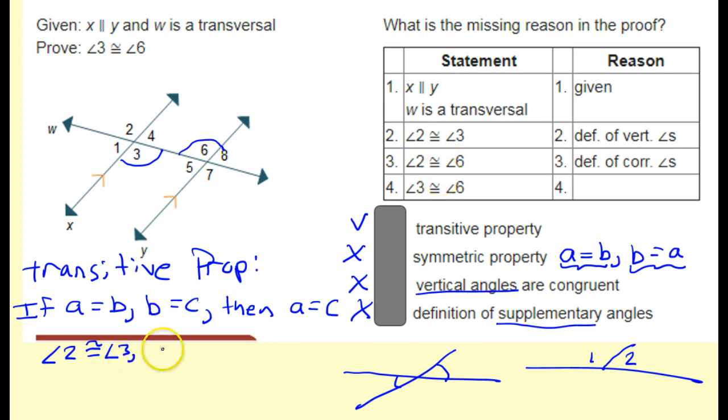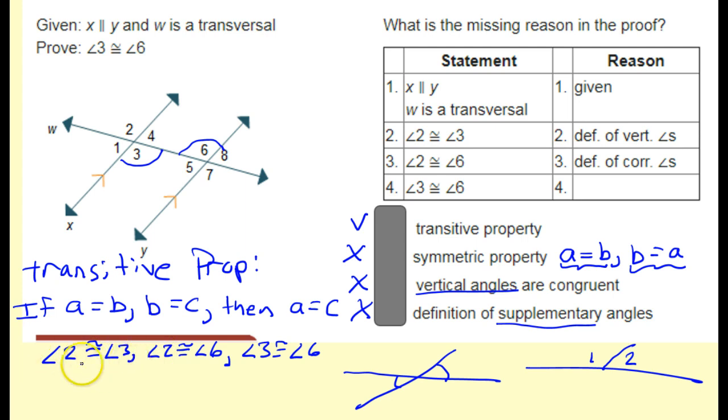And then they said angle 2 is congruent to angle 6. This is the one I'm going to have to finesse a little bit. Because then they said angle 3 is congruent to angle 6.